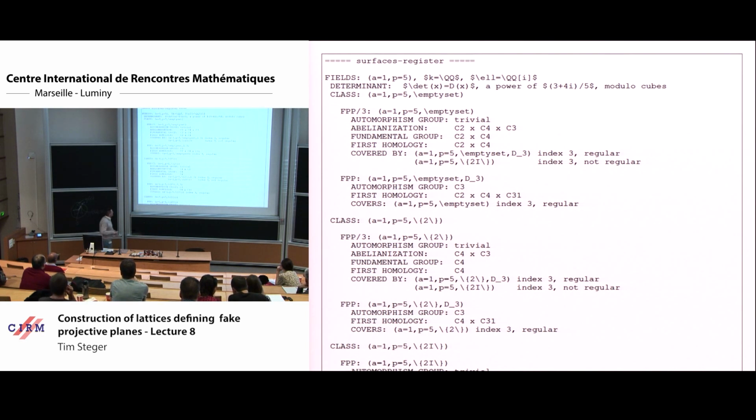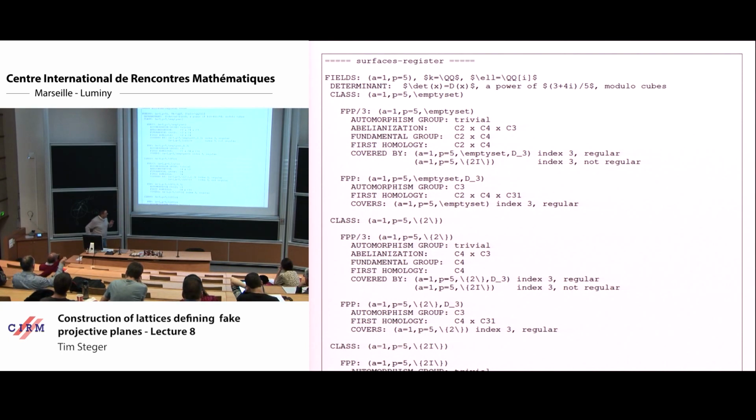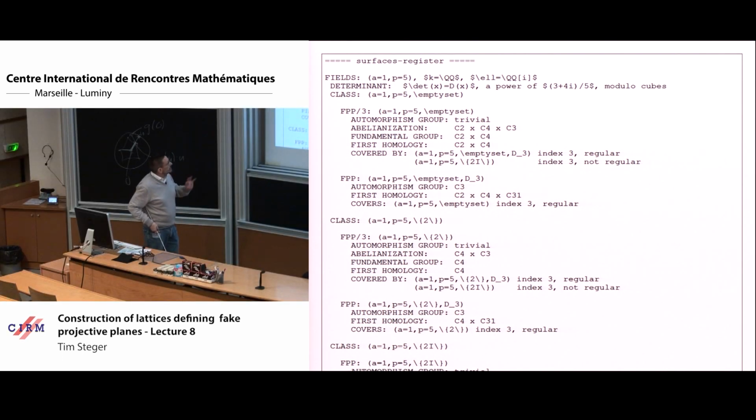Okay, let's see. Now let's look at this symbol. So we have the same things. The field is determined by =1. The ramification of the division algebra is determined by p equals 5. The parahorics we want to use are given by this, but what's D3? Well, D3 is to explain in what way this subgroup arises.